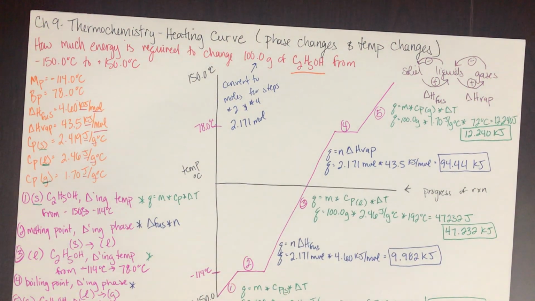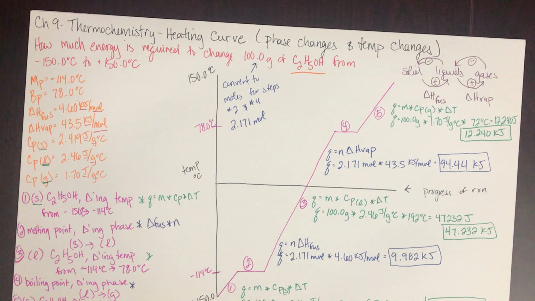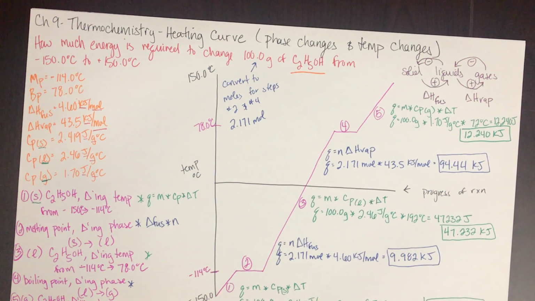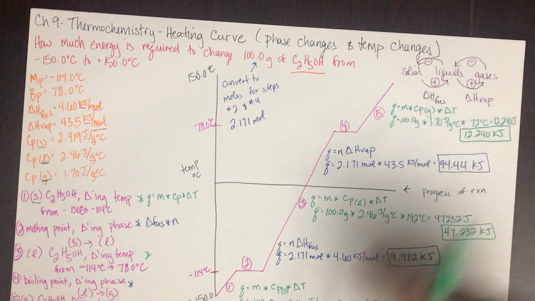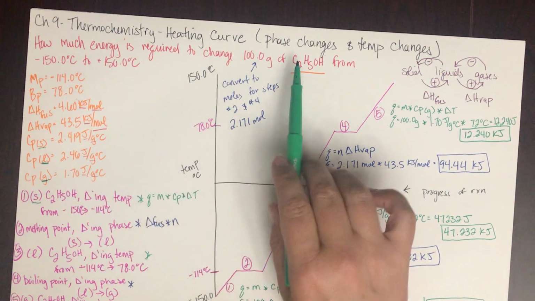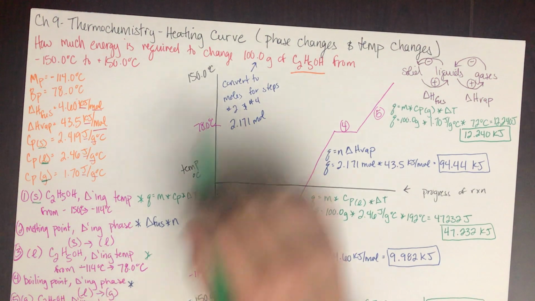Okay, so to calculate the amount of energy that it takes to go from negative 150 to positive 150, you have to individually calculate what's happening at each one of these steps and add them all together. So when I add step 1 through 5 together, and remember your number of significant figures is going to come from your question. So all of these numbers have 4 significant figures.